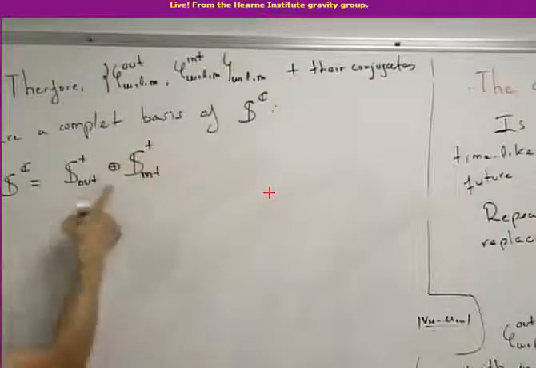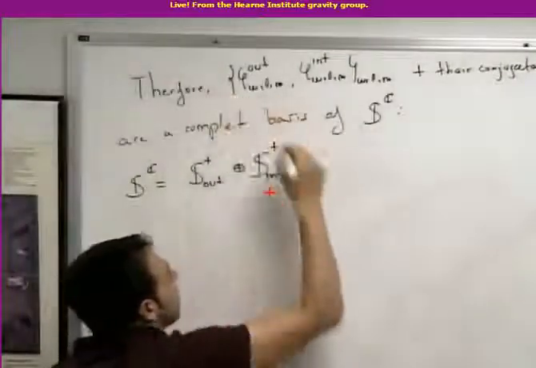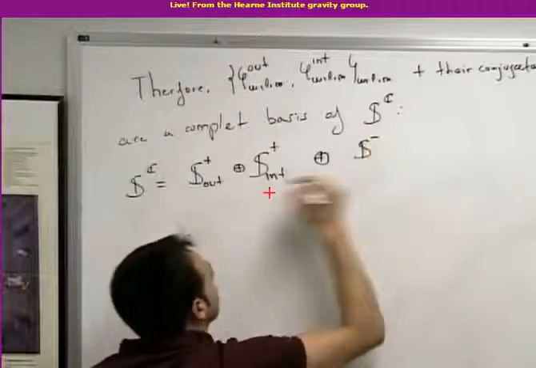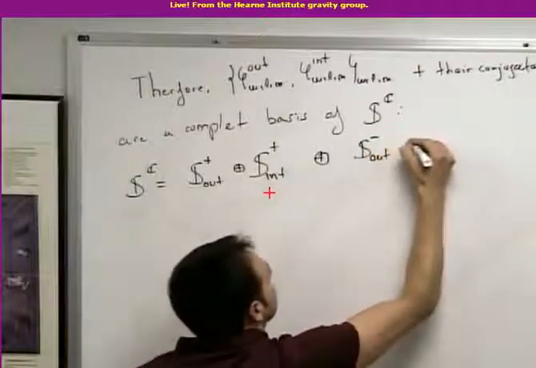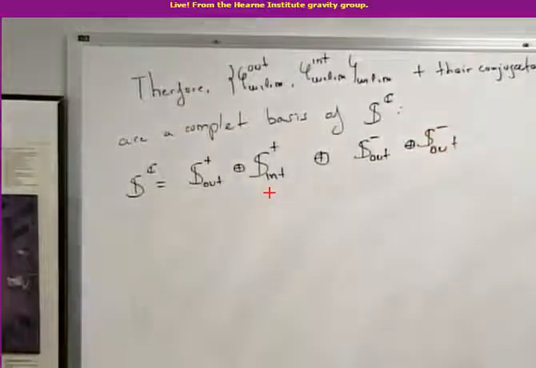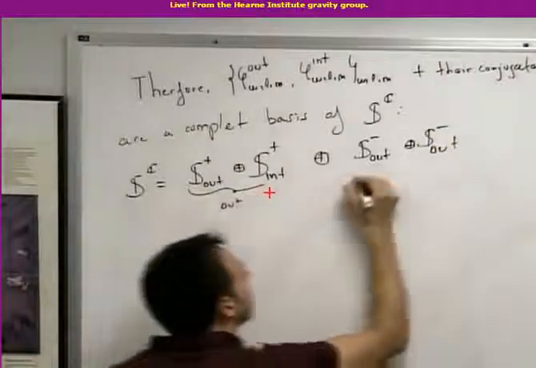The positive subspace is made of two subspaces itself, and the negative one, which is the conjugate of the positive, is also made of two portions, the out part and the in part.